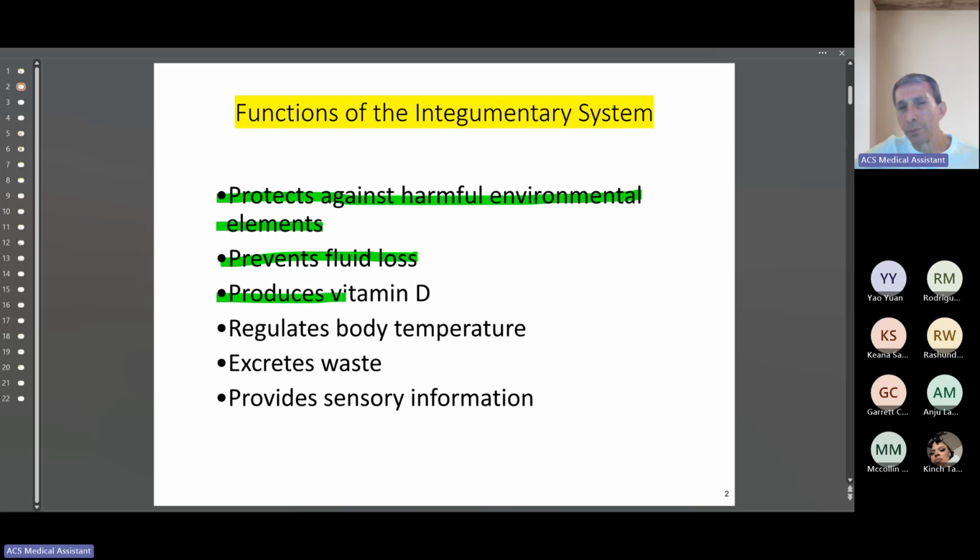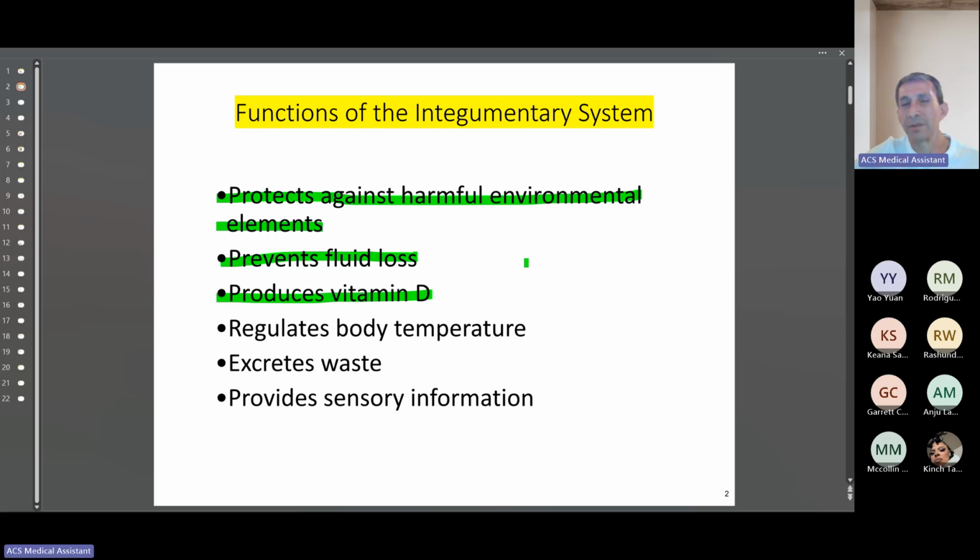Number three, produces vitamin D. Most of the vitamin D that we use in our body is produced in the skin. But we need something else for this vitamin D to be produced. We need the sun. We need to be exposed to the sun, and that activates certain hormones in our body, certain proteins, so the vitamin D can be produced.